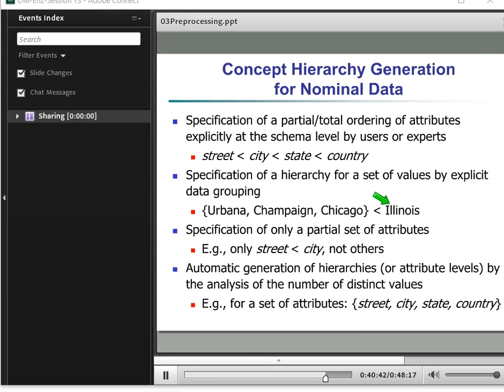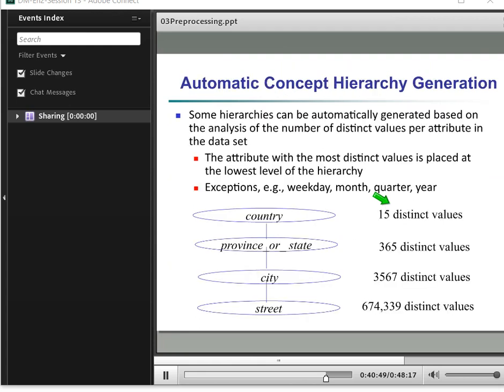So I keep his or her privacy just by going through this hierarchy, going up.